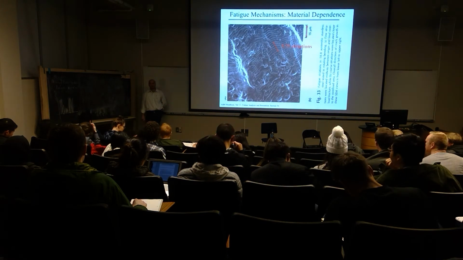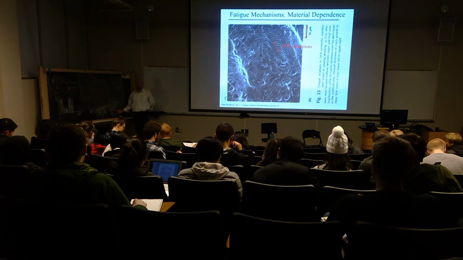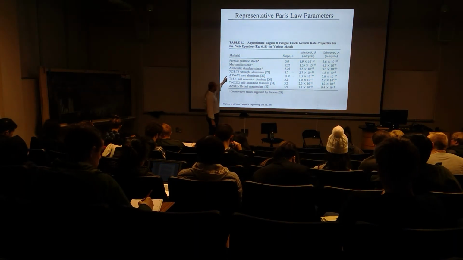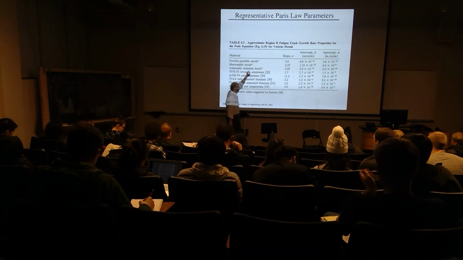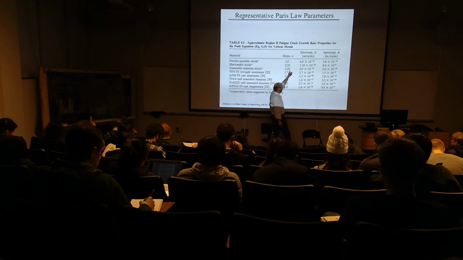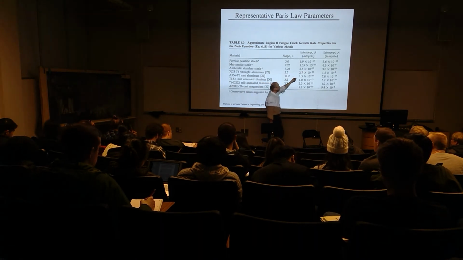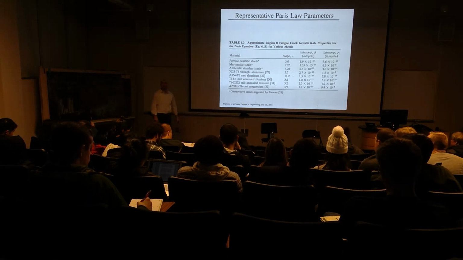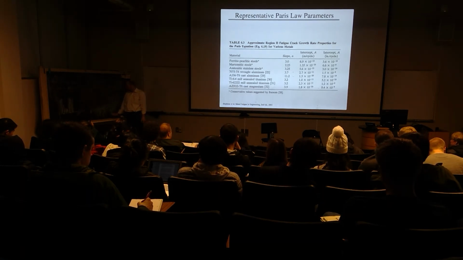I know what the driving force was that worked on that material. And the way that I do that is I go here. So I look for the material and I hopefully find it. So that says austenitic stainless steel. There's my slope, N. There's my value of A in meters per cycle. And then I can use that to predict what I would get for that value of delta K.